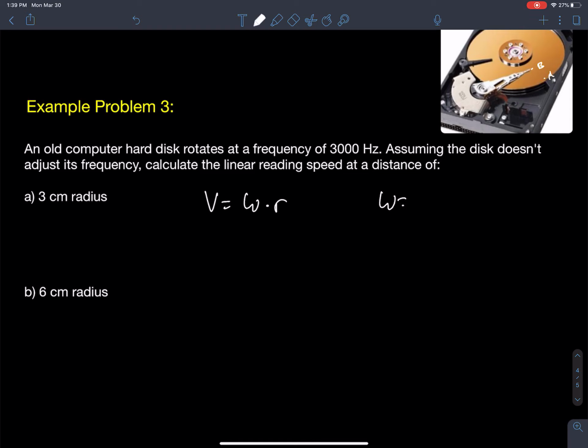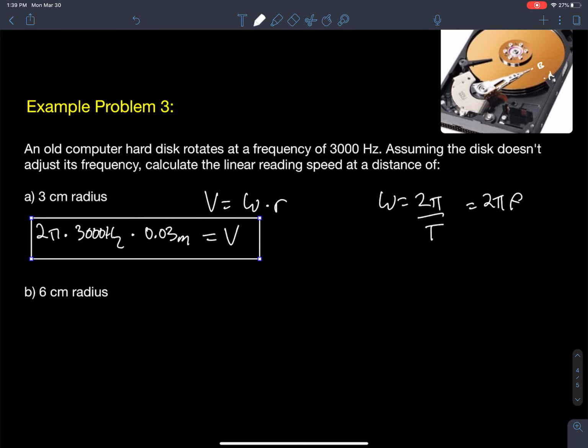Well, angular speed is equal to 2 pi over the period, which is equal to 2 pi times the frequency. I gave you the frequency at 3,000 hertz. So my angular speed, which is 2 pi times 3,000 hertz, times 0.03 meters is going to give me my speed.